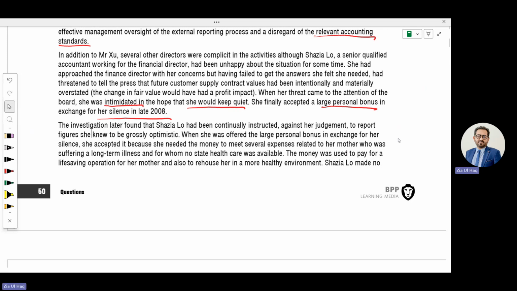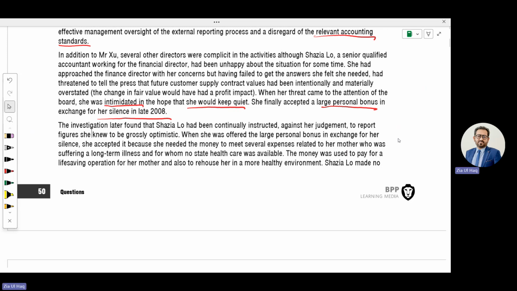It means she didn't enjoy that money. She spent that money on the life-saving operation of her mother and also to rehouse her in a more healthy environment. If she bought a big bungalow, why did she buy it? To provide a good environment for her mother. It means she didn't enjoy that money for herself.